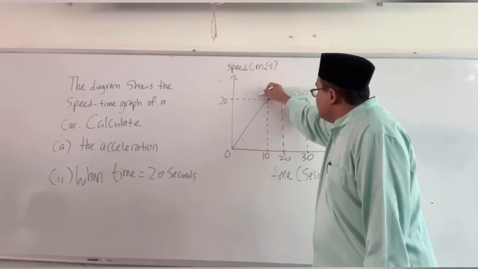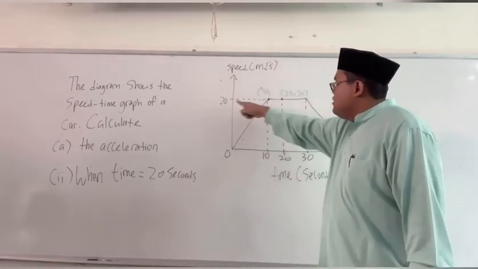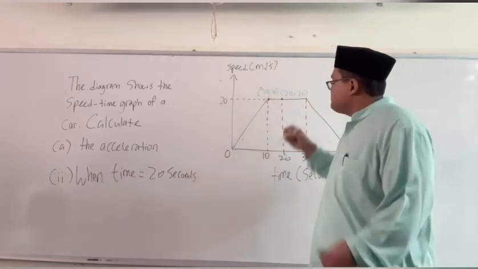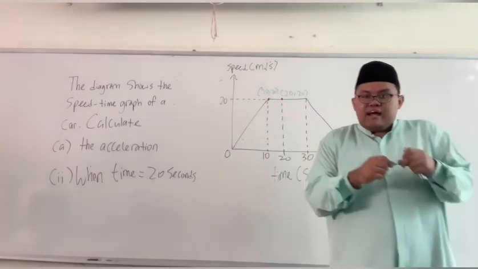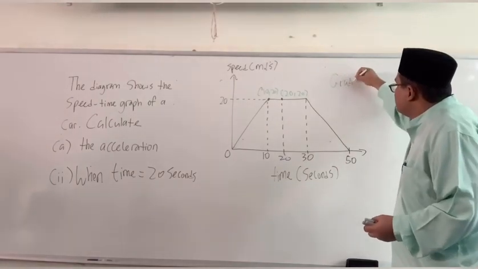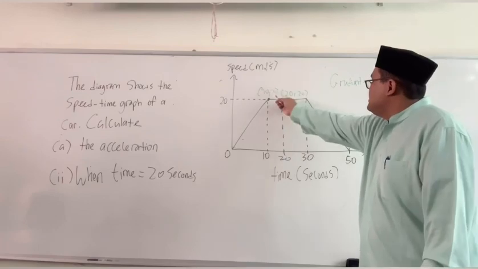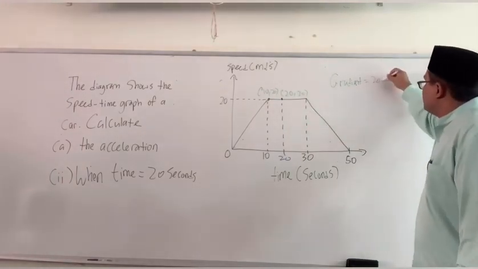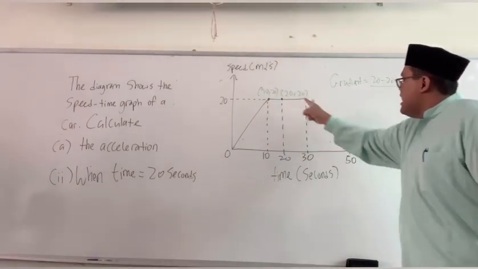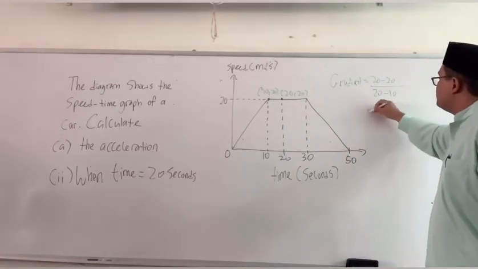This point has x coordinate 10 and y coordinate 20. Thus, let us now use the formula for gradient. Gradient is y2 minus y1, 20 minus 20, over x2 minus x1, 20 minus 10.